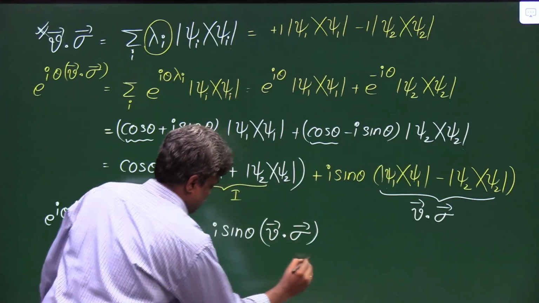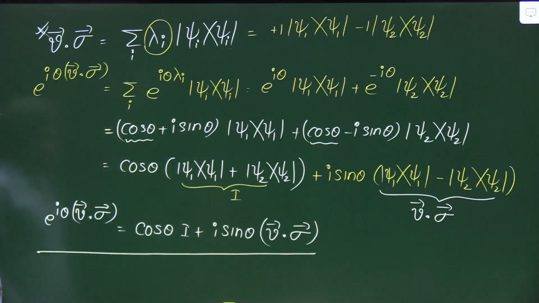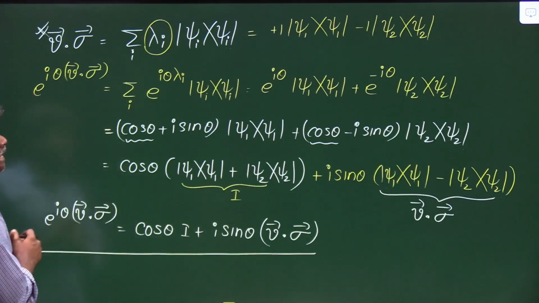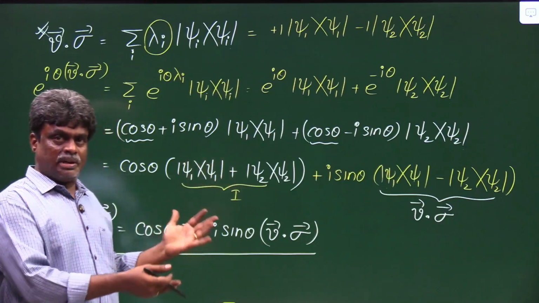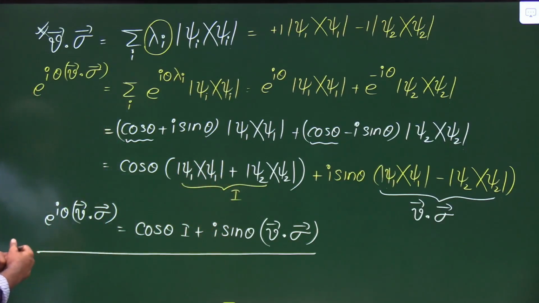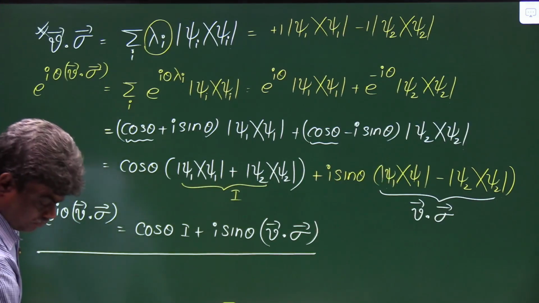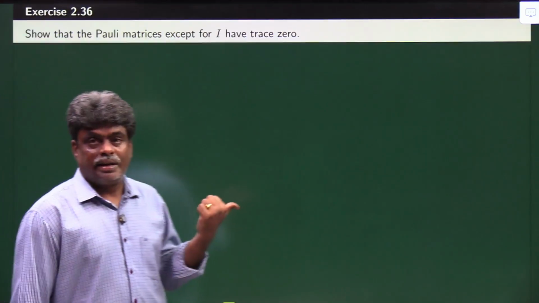This is a beautiful expression. If you have any doubt, please contact. Here I didn't use any tensor notation. I hope you feel this is a little bit easier than the earlier method.